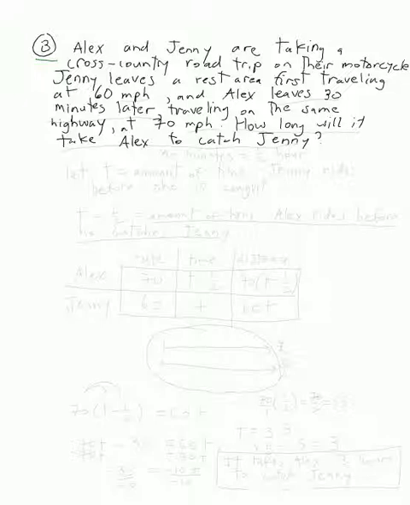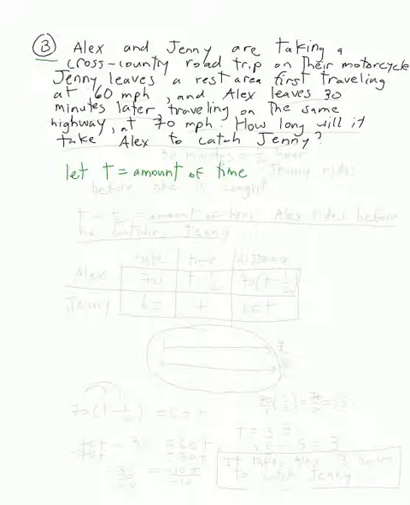So we need to figure out what to make our variable. First of all, it says, how long will it take Alex to catch Jenny? So I'm going to let t equal the amount of time. Now we need to figure out how long someone has been riding in order for them to be caught.